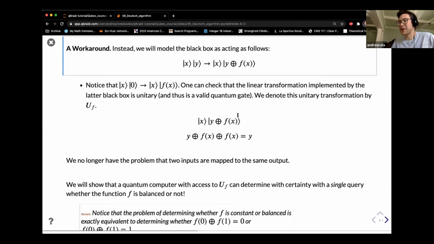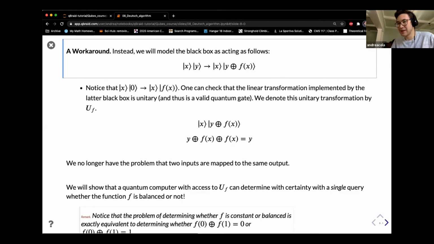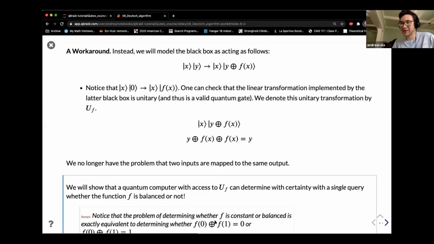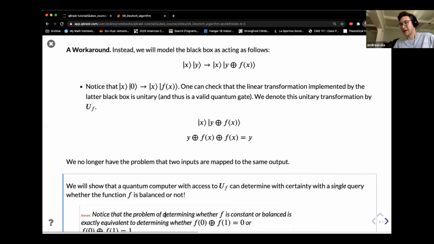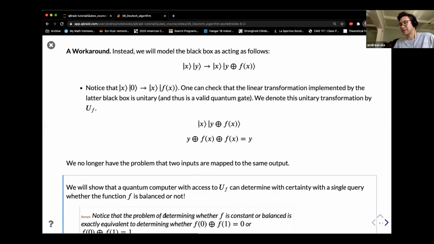Okay, and one remark that has been cut out just before we proceed is that, notice if you haven't noticed it, the problem of determining whether F is constant or balanced is exactly equivalent to determining whether F of 0 XOR F of 1 is equal to 0, or whether it's equal to 1.